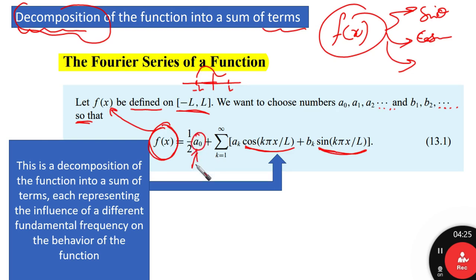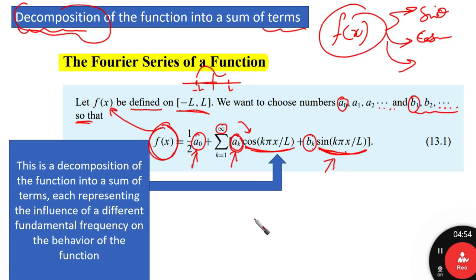This is the first term here, and then we are going to find ak, where k takes the values from 1 to infinity, times cosine. This is the coefficient that is going to be multiplied by the cosine function, and then we are going to find bk, where k again goes from 1 to infinity, starting from b1, b2, and so on, times the sine function.